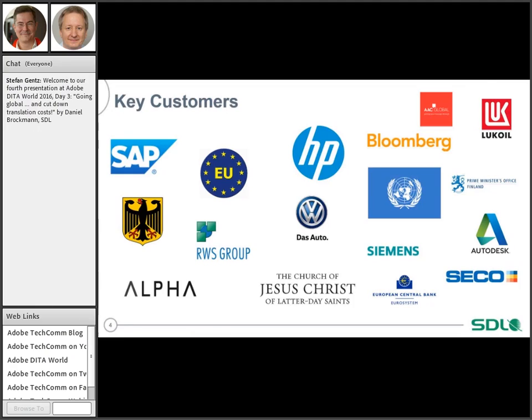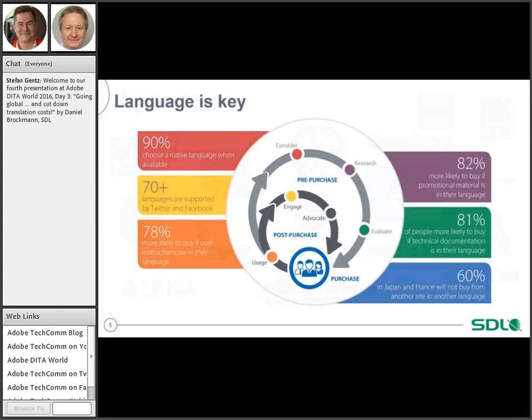So we are very present in the government space, but then at the other extreme, we are also powering the likes of SAP or Volkswagen or even the Church of Jesus Christ of Latter-day Saints. So we have a very rich portfolio of customers, partly based on our rich history, but also part of the relevance that I think we provide in terms of providing translation productivity.